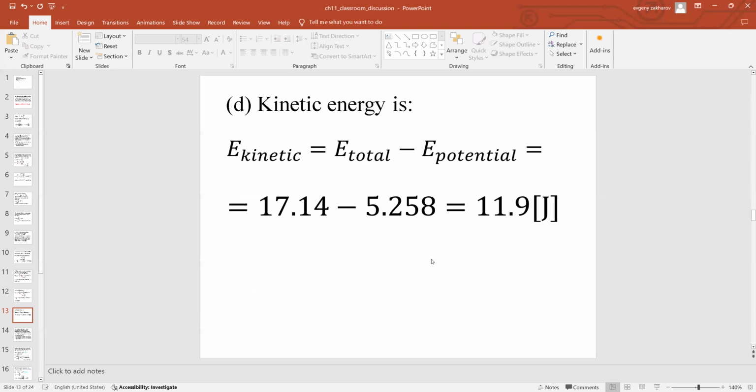For simple harmonic motion, it's always like that because there is no friction. With friction, you can't say this. You have to consider change in kinetic energy, work done theorem. That would be the best way to handle those cases.